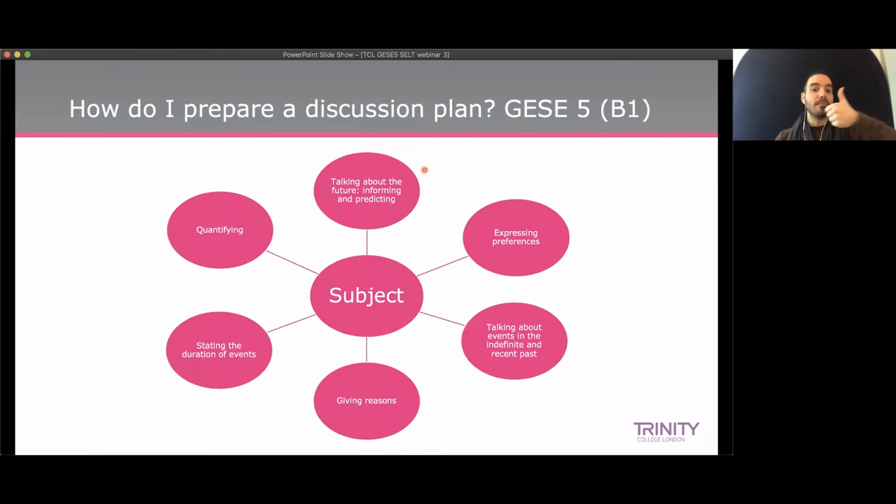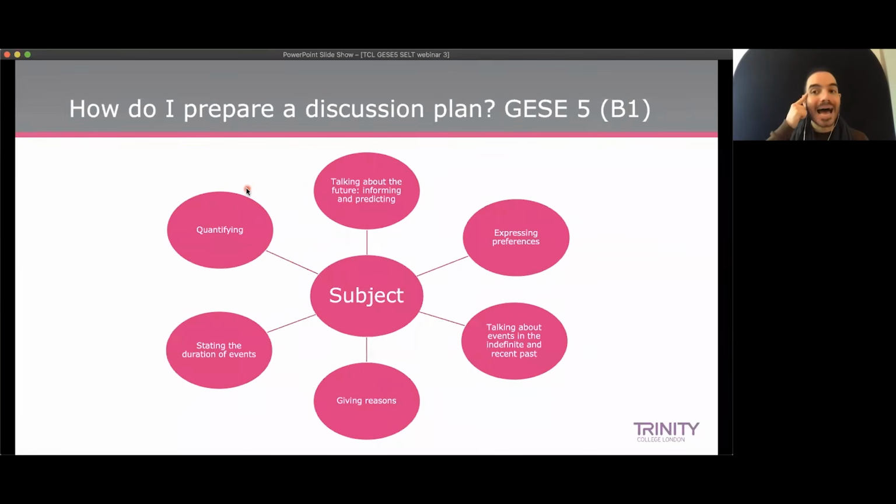I need to be able to use language that helps me talk about the future, to give information and make predictions, language to express preferences, language to talk about events in the indefinite or recent past, language for giving reasons, language for stating the duration of events, and language for quantifying.